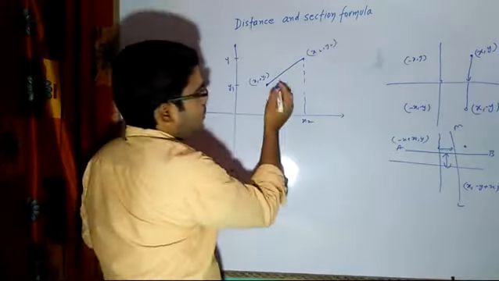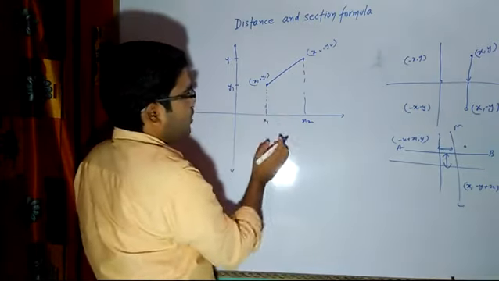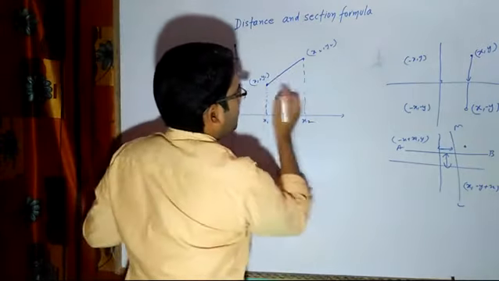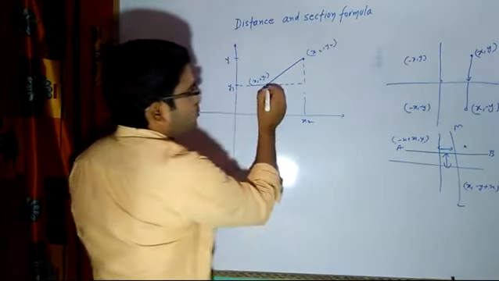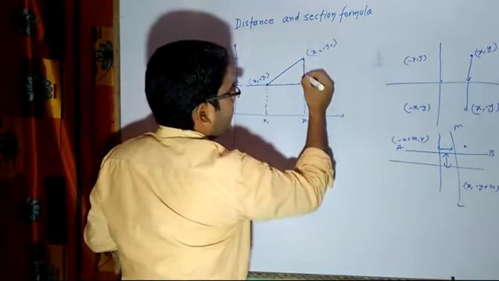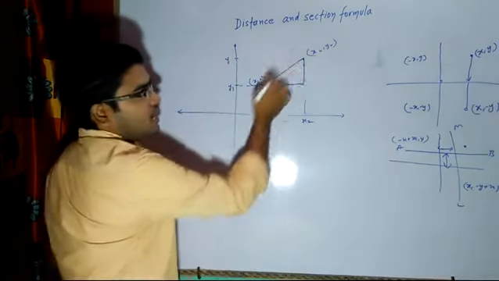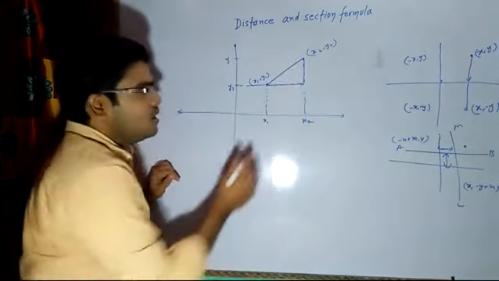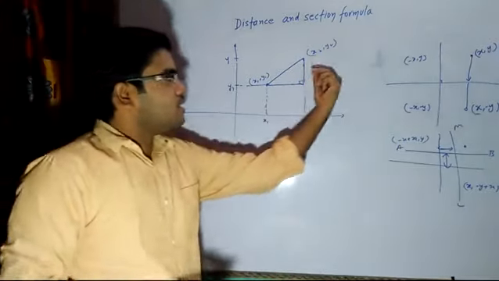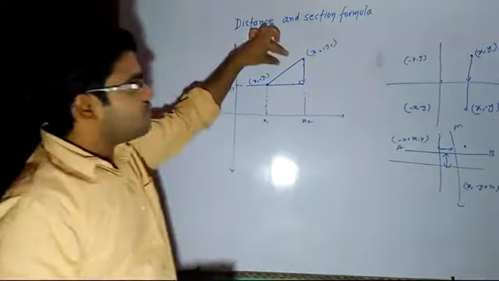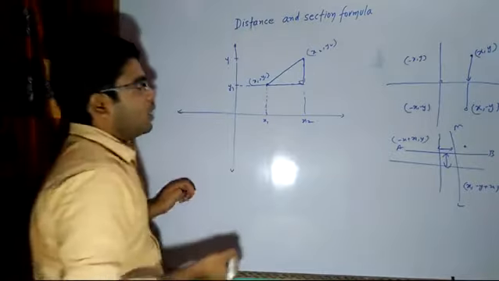I have drawn one perpendicular, and again one line can be drawn, so I am getting a right angle triangle. We have to find the length of the hypotenuse. If I know the length of the base and the height, obviously I will be able to find the hypotenuse.